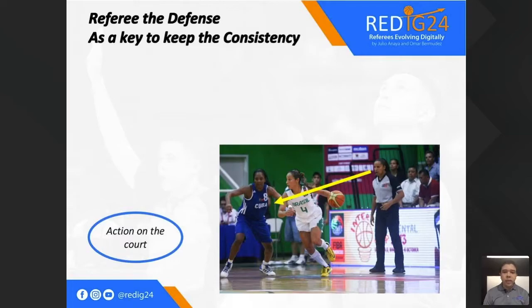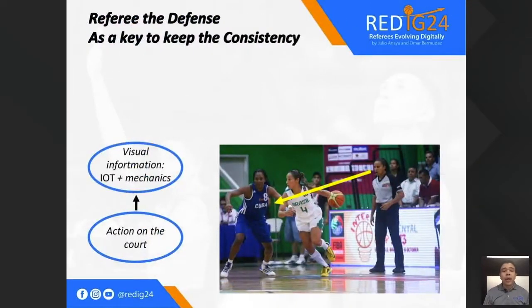So the first thing is action on the court. The action occurs, and then we visualize the information. We have visual information, so the most important thing is to watch the action properly, so that the rest of the process can come in a better and more efficient way.